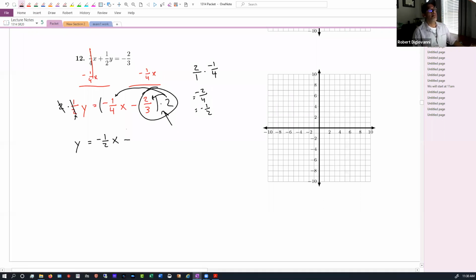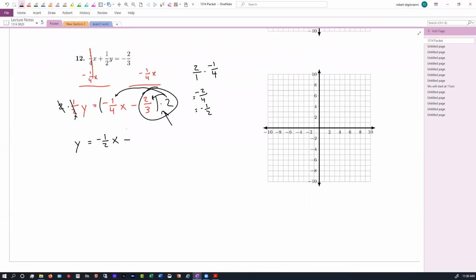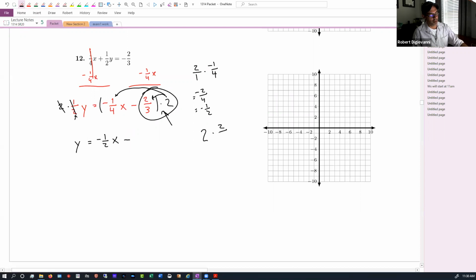Sure, we're doing 2 times negative 2/3, right? You have to put a 1 under the 2, right? Yep, so that's the same as this. And we're multiplying, right? Negative 4/3. So I'm going to put minus 4/3.